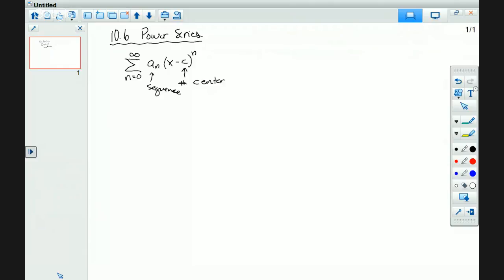So if I were to fully expand out a power series, it might look something like this, just to give you an idea.